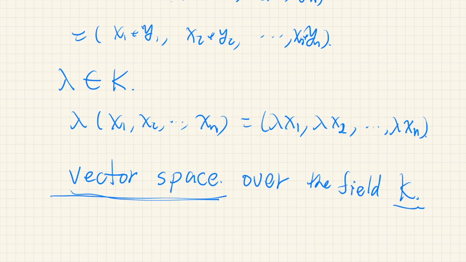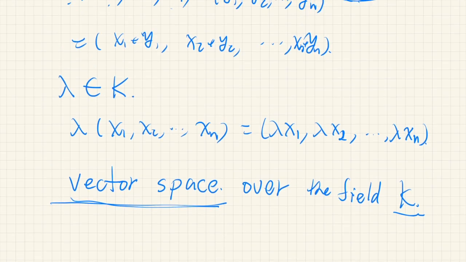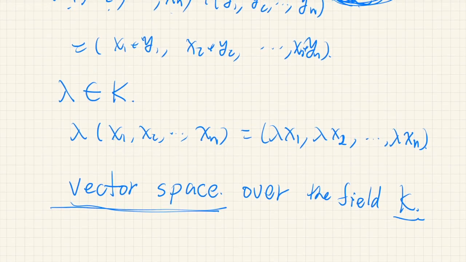So it's a circular argument. So that's not a good thing. So in our case, we first define vectors as such elements with addition and scalar multiplication, and as a set of those vectors, we define the vector space.